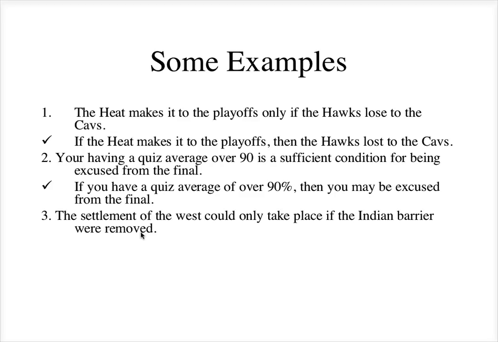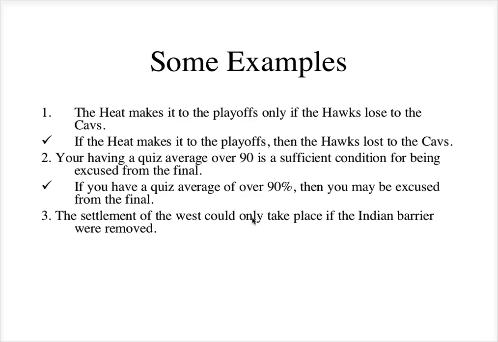So here we have the settlement of the West could only take place if the Indian barrier were removed. One temptation with this might be to write it as if the Indian barrier was removed, then the settlement of the West could take place. However, this makes us have to stop and think. That's a disguised only if here.